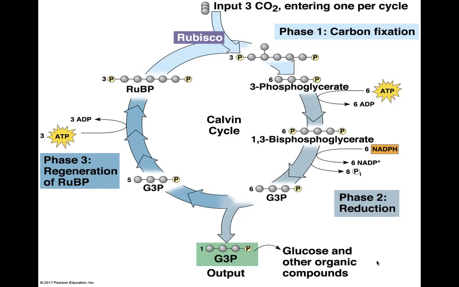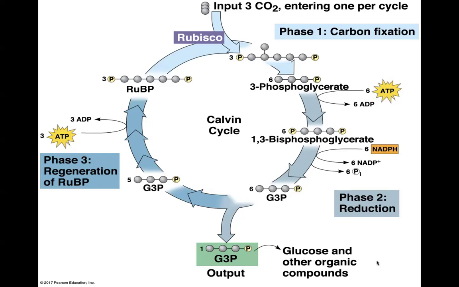This is that carbon fixation. We're making a carbon-carbon bond. We're going from a 5-carbon molecule to an unstable 6-carbon molecule. Once that 6-carbon molecule is formed, it will then break down into a 3-carbon molecule. This is considered to be phase 1, or carbon fixation.